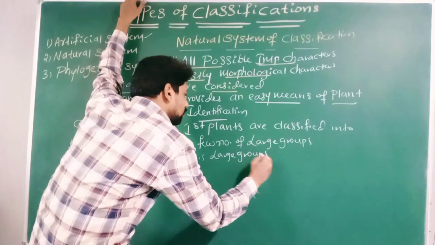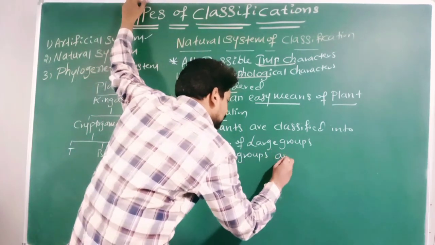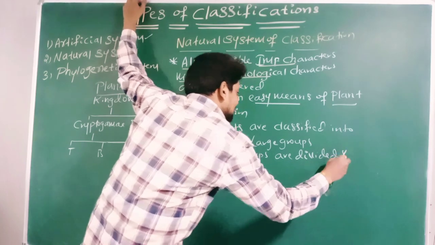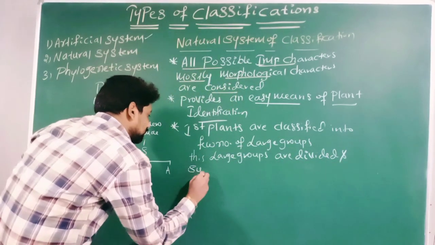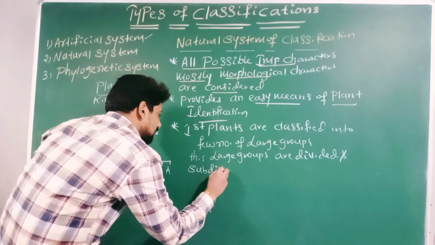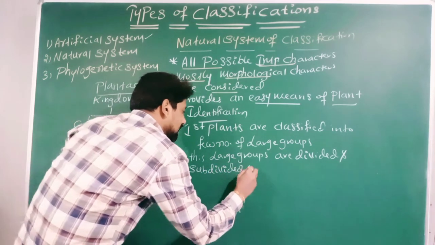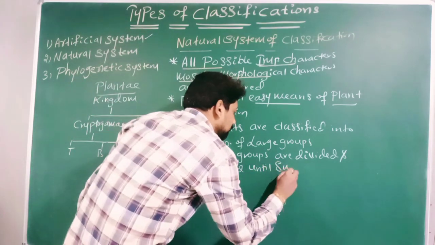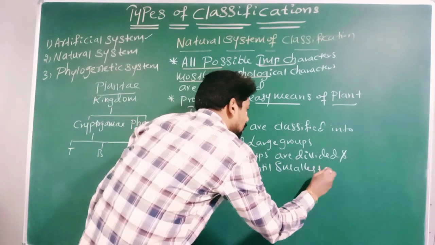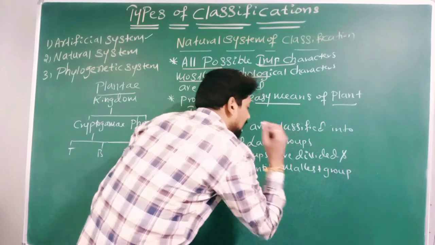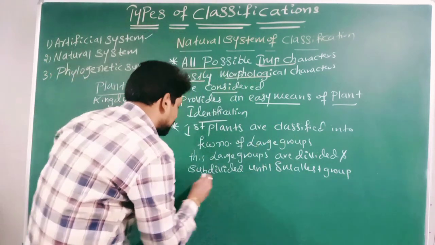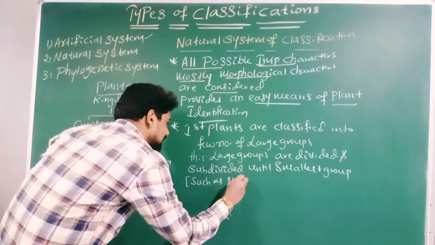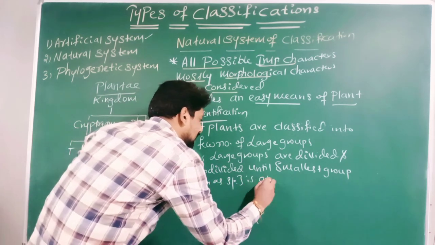These large groups are divided and subdivided until the smallest group, such as species, is attained.